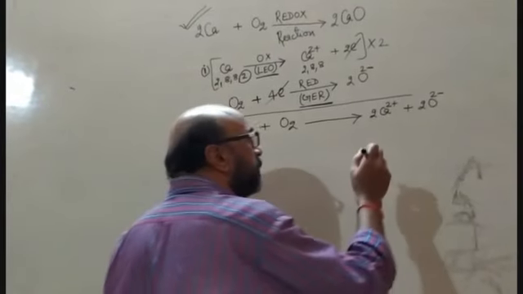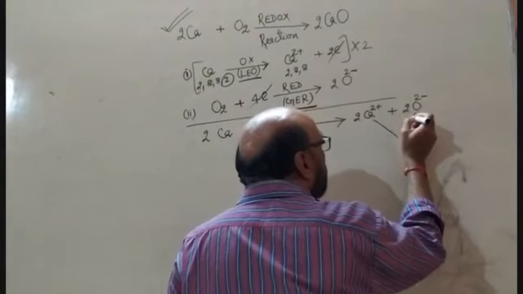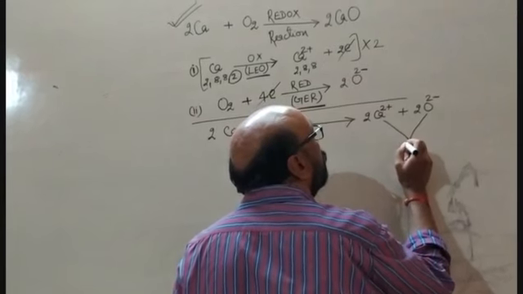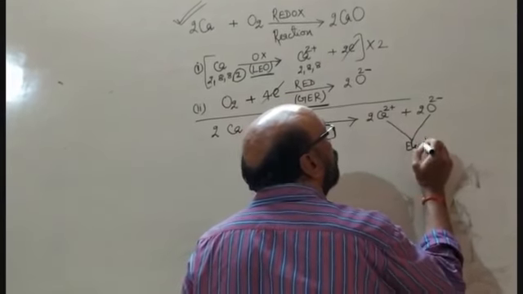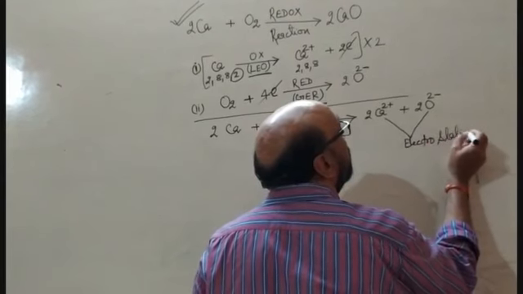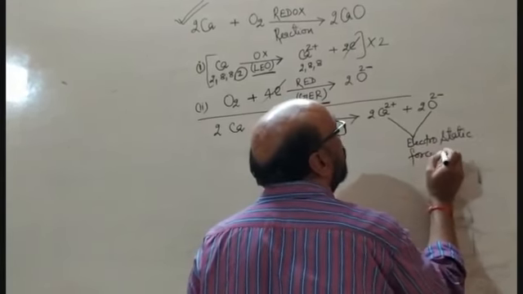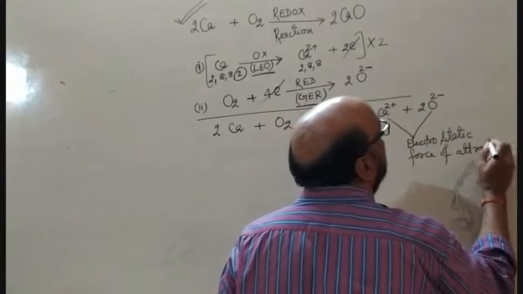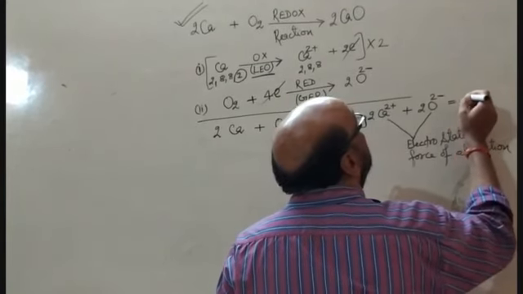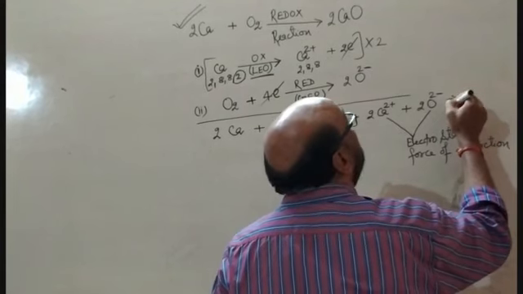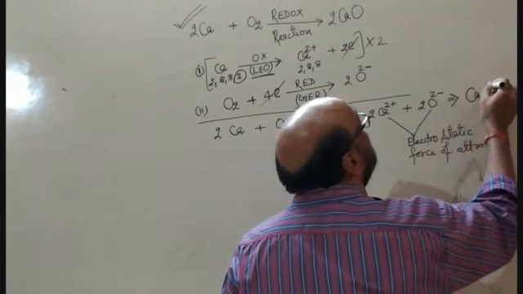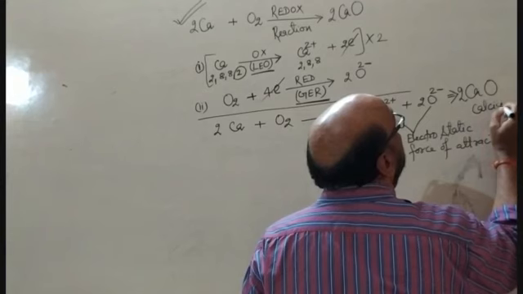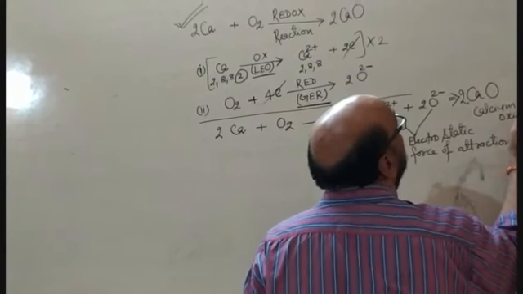When these two oppositely charged ions are kept together, they are linked due to electrostatic force of attraction to form an ionic compound which we write as CaO, calcium oxide.